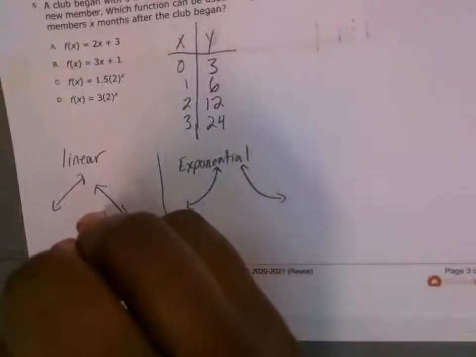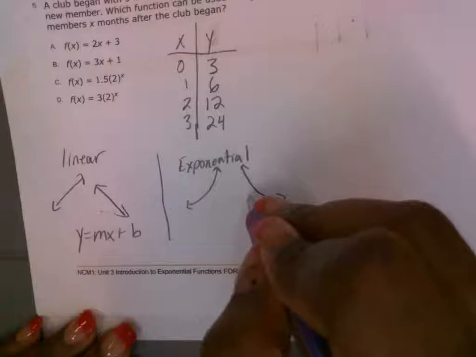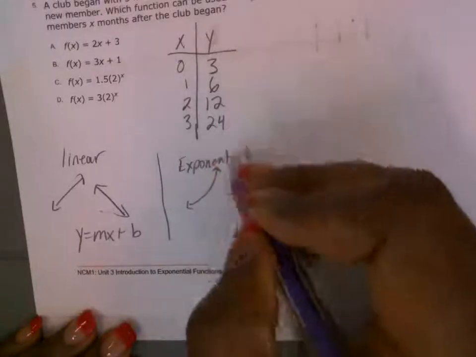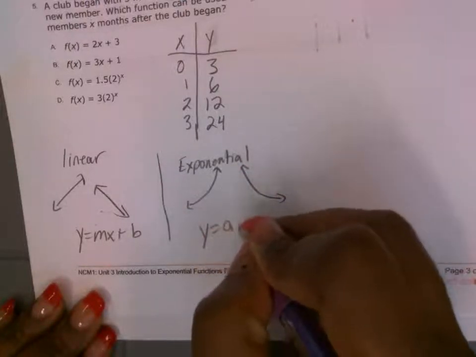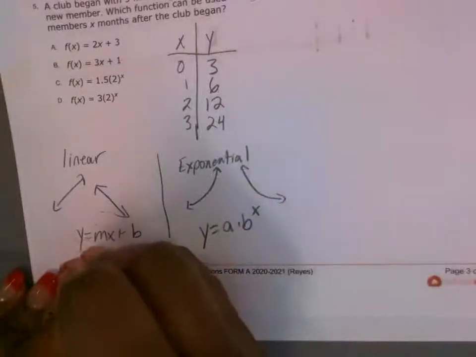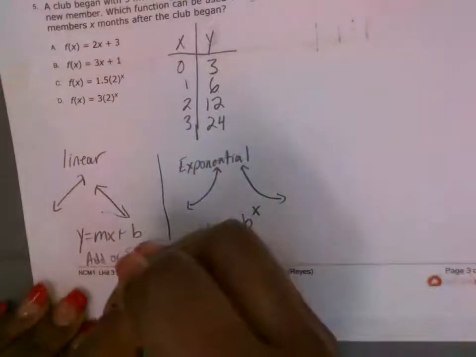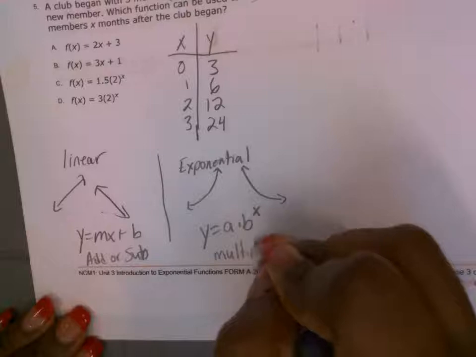You add or subtract to get to the next number here. You multiply or divide to get to the next number here. So this is an exponential function. You're going to use the standard form a times b to the x power. So here you add or subtract to get the next number, and here you multiply to get the next number.